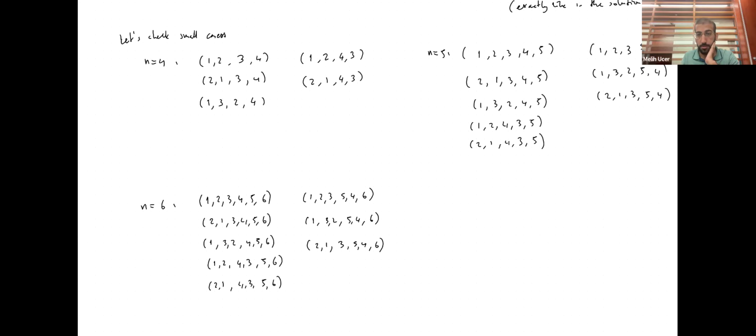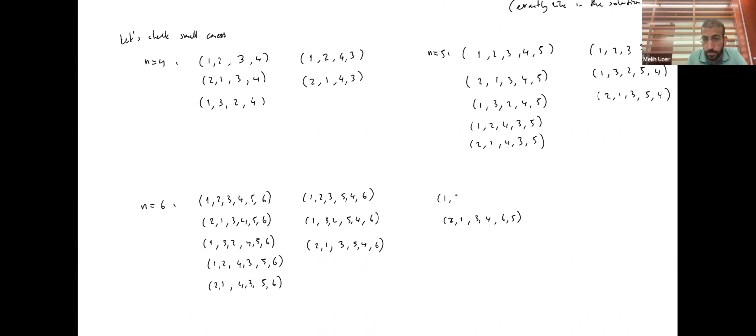And now, what more? The last parts can be like this, 6, 5, and then we should use these. 1, 2, 3, 4, 6, 5. 2, 1, 3, 4, 6, 5. Yeah, that's better.